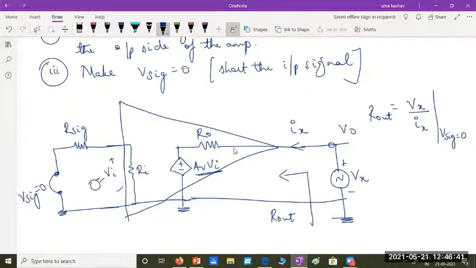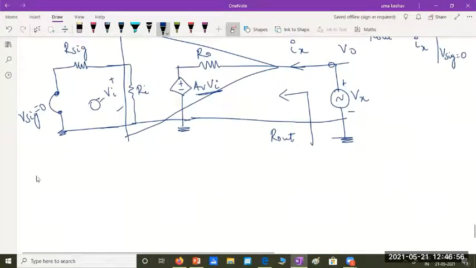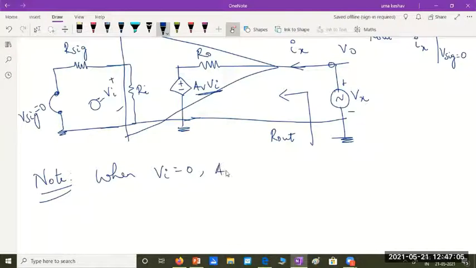So as I told you and as you are aware, most often when Vsig is 0, Vi will also be 0 and this source also will be shorted, AV into Vi. But for now we are not going in depth. So if you want, you can write that also. Note: when Vi becomes 0, AV into Vi will also be 0, or it will be shorted.